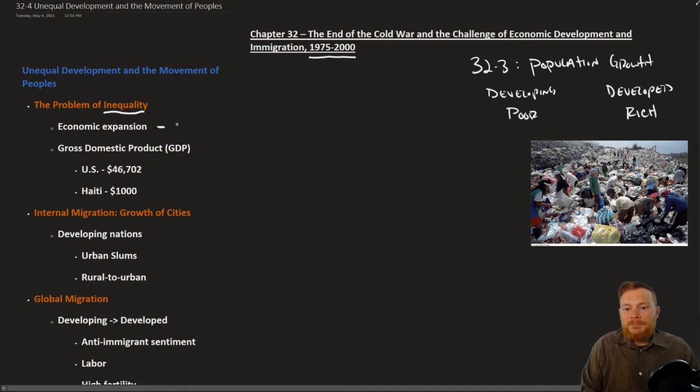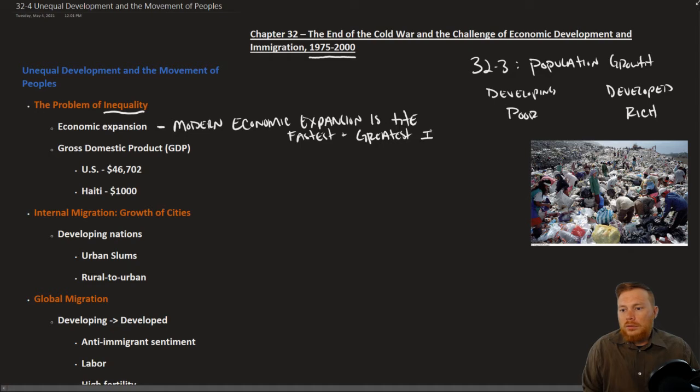So modern economic expansion is the fastest and greatest in world history, right? That means things have gotten better for most people in the quickest amount of time ever, right? And that is certainly something that's remarkable.